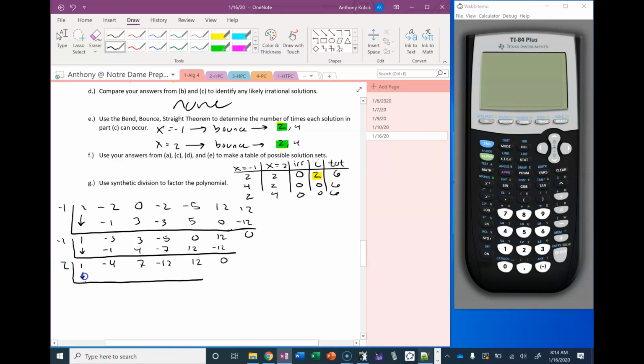So I'm going to switch to positive 2. I can always come back and try negative 1 again, but I don't know if it's going to work or not. So I'm going to do the things that I know are going to work before I try things. Is everybody okay with that notion?